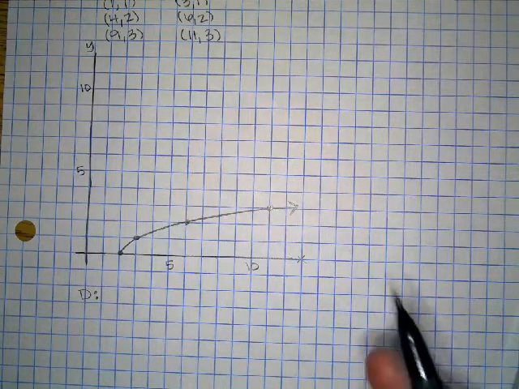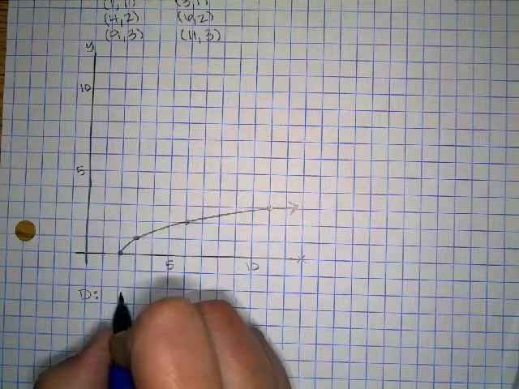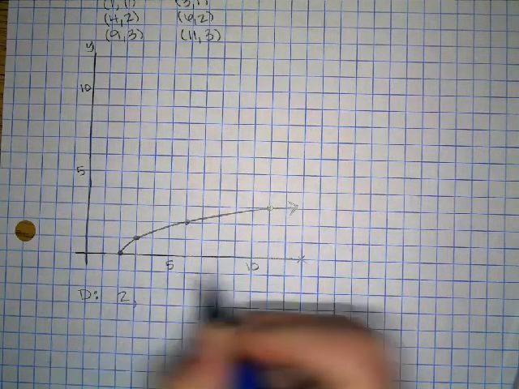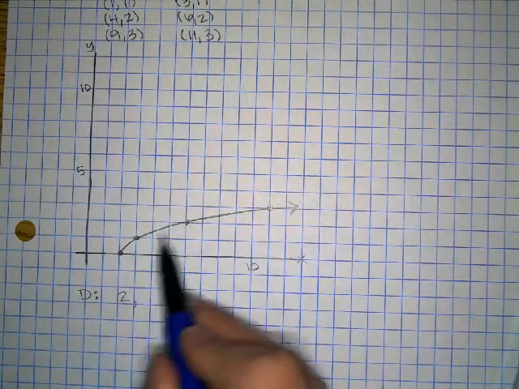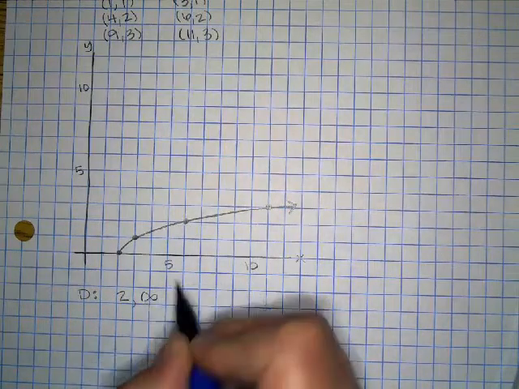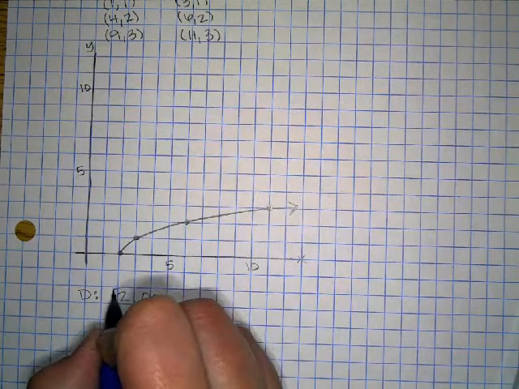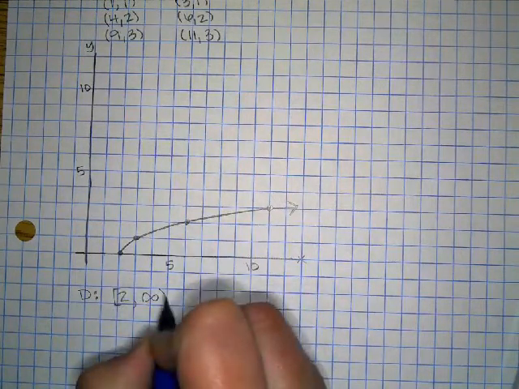Yeah, what's the domain? Okay, so the furthest left that the graph goes is 2. And then the furthest to the right that it goes is positive infinity. And then what do we put around the 2 and the infinity? Okay, so bracket for the 2, parenthesis for the infinity.